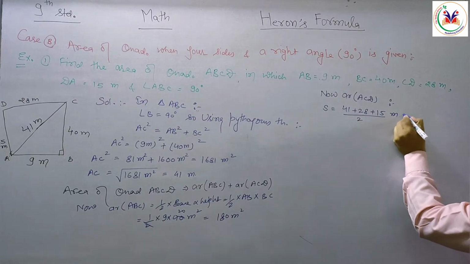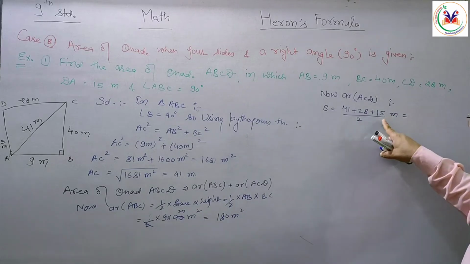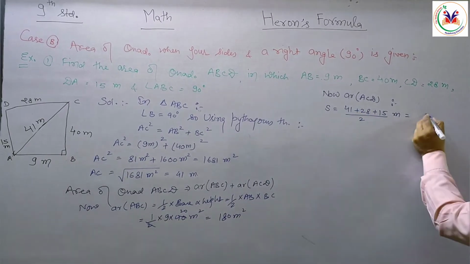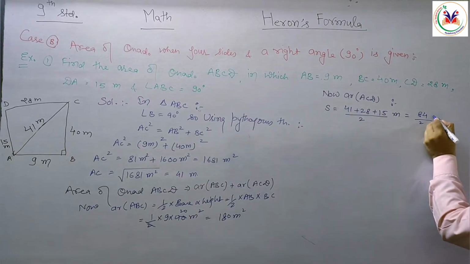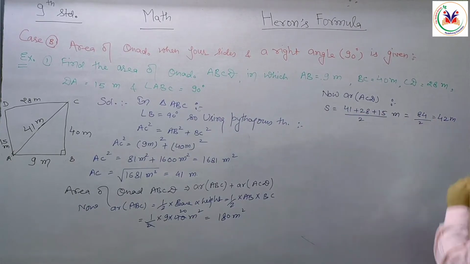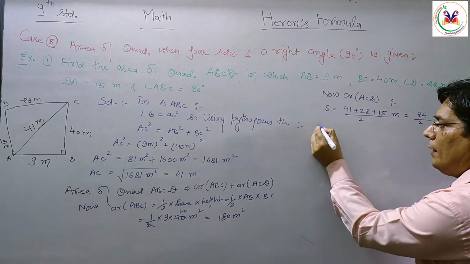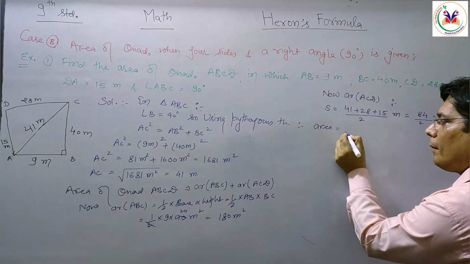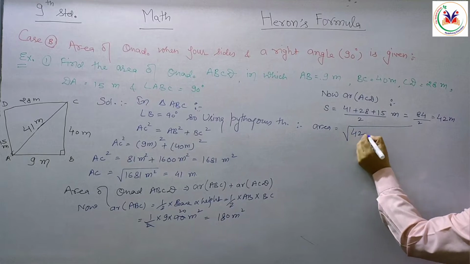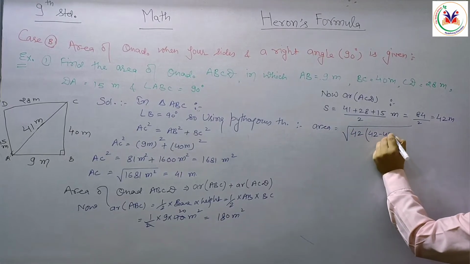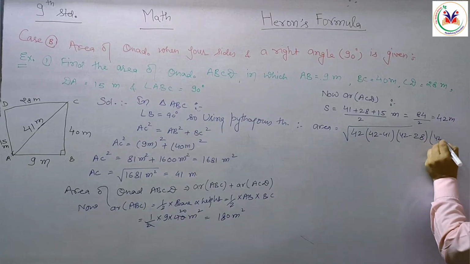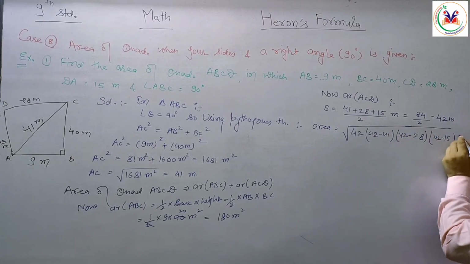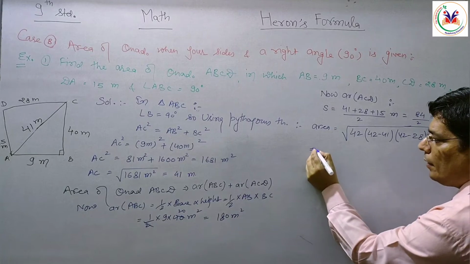Now I should make the addition. 5, 8, 13 or 14, carry 1, 5, 7 or 8, divide by 2, 42 meter. Am I right? Now area is 42 into 42 minus 41, 42 minus 28 and 42 minus 15 meter square.